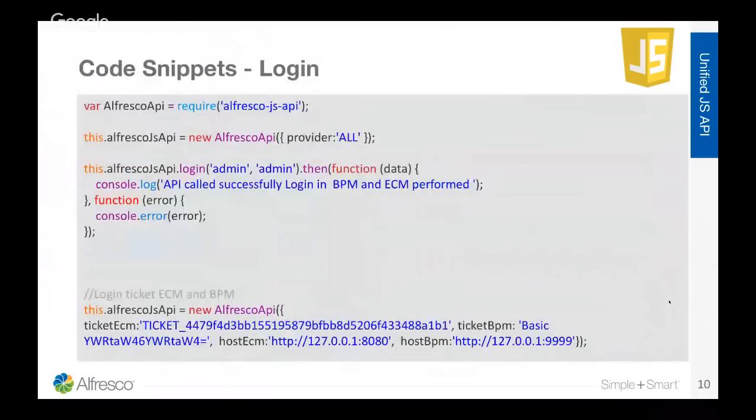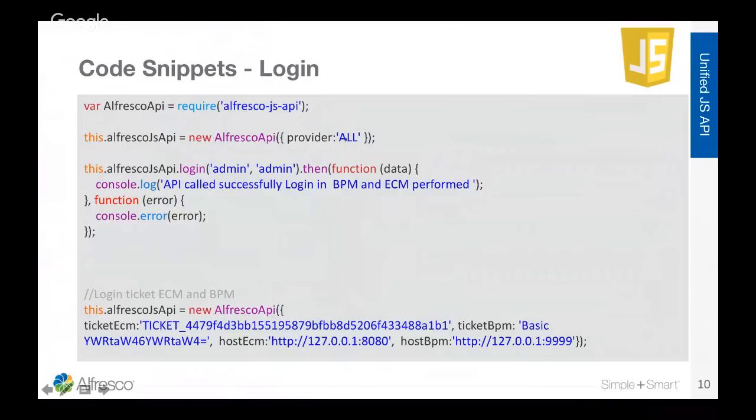I'm going to provide you also now some examples. This is an example of a Node.js application. And maybe if we have the time later, I can also show you some live code with this Alfresco JavaScript API. So what we essentially do in this example is require the Alfresco JavaScript API. So we are requiring the libraries, and we instantiate the libraries.